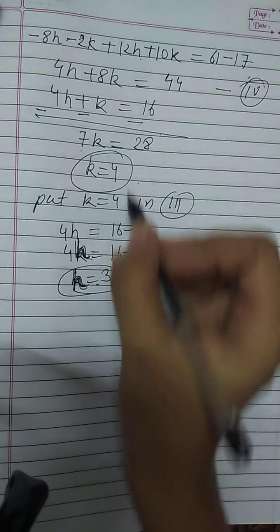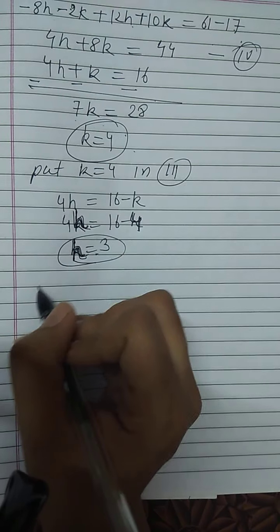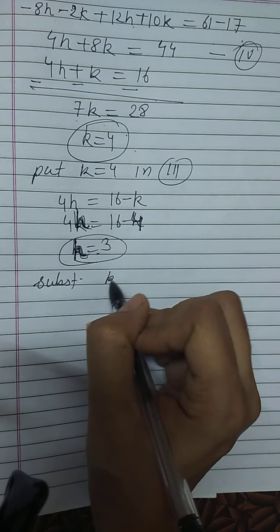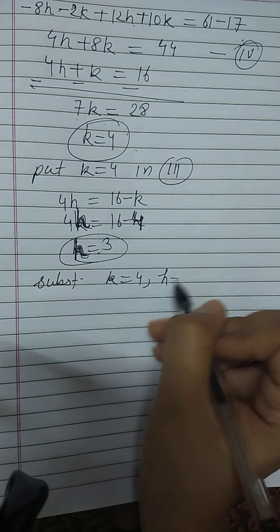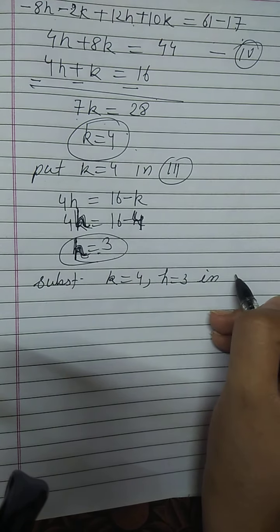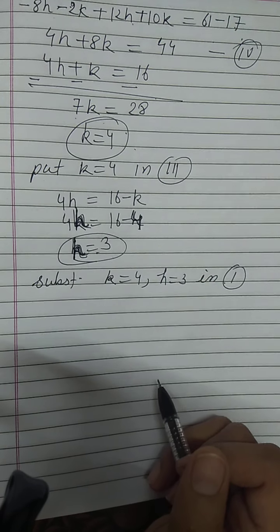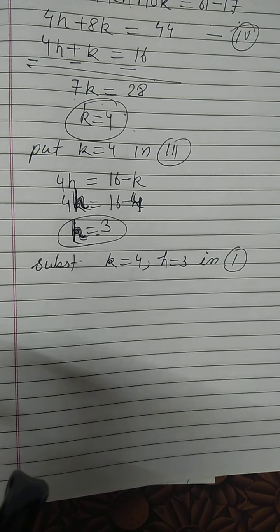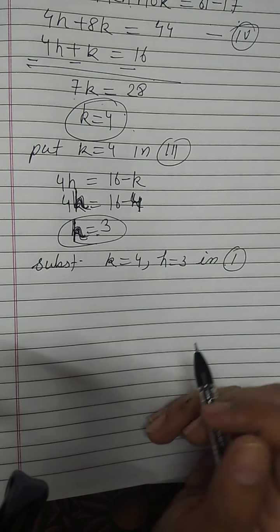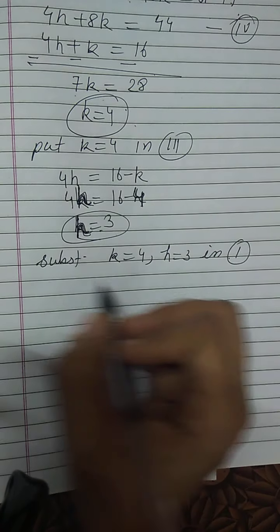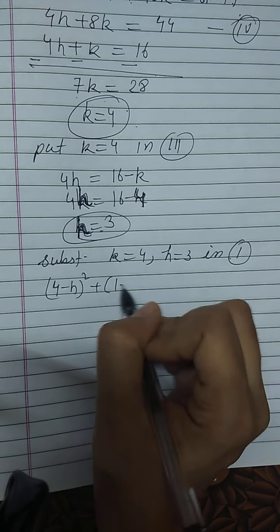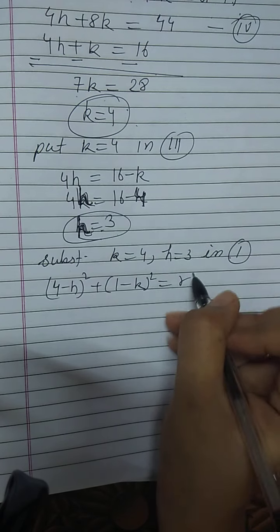So h is 3, k is 4, and if we substitute k equals to 4 and h equals to 3 in equation number 1. What was equation number 1? Equation 1 was 4 minus h square plus 1 minus k square equals to r square.